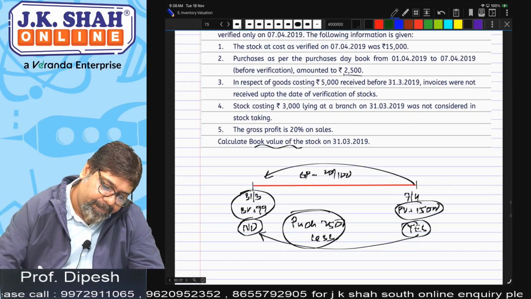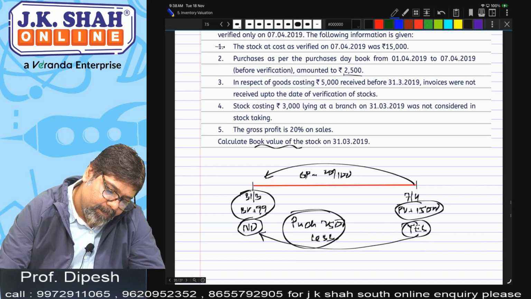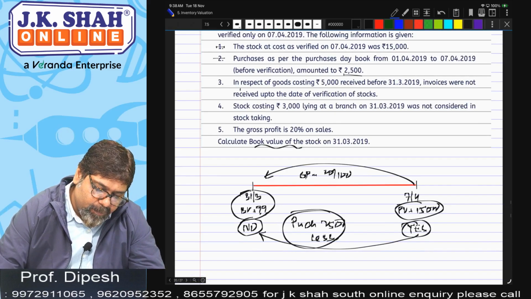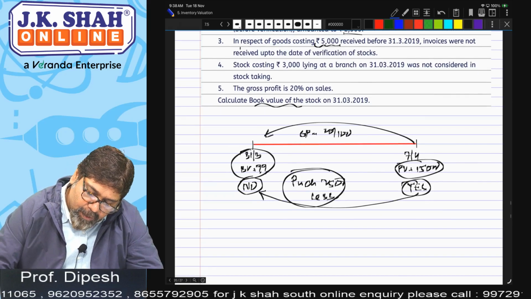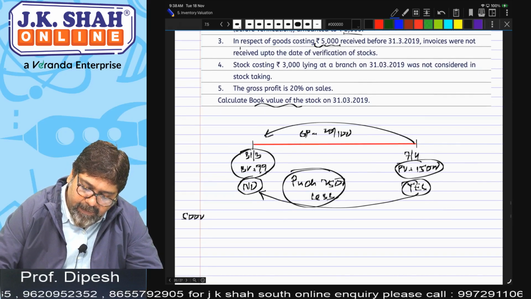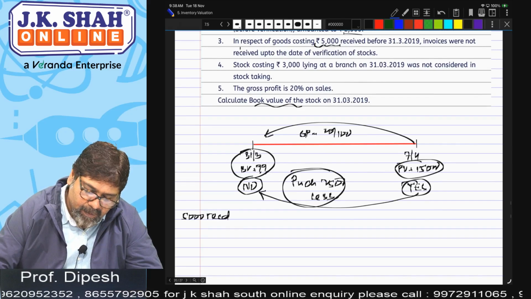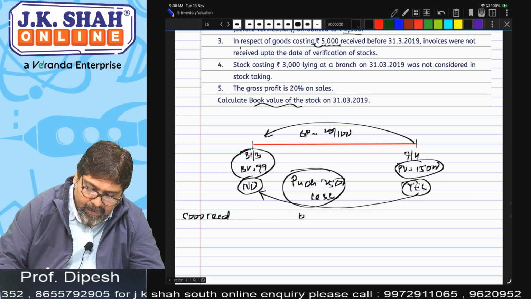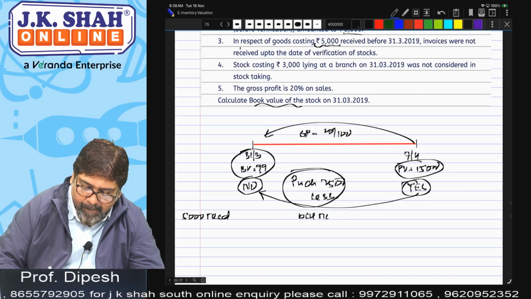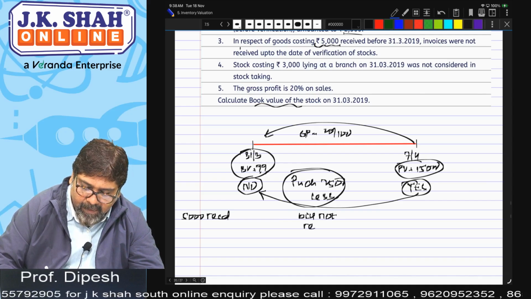Now, in respect of goods costing rupees 5,000 received before 31st of March, invoices were not received up to the date of verification. Bill not received.